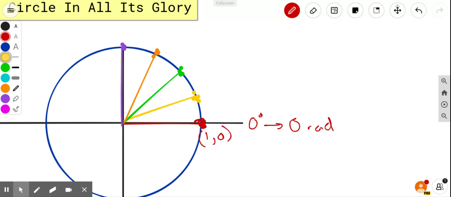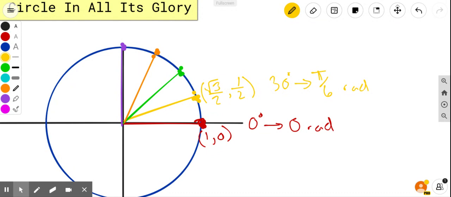Right. When I get this one over here, I get radical 3 over 2 comma 1 half, which corresponds to the 30 degrees, also known as pi over 6 radians.